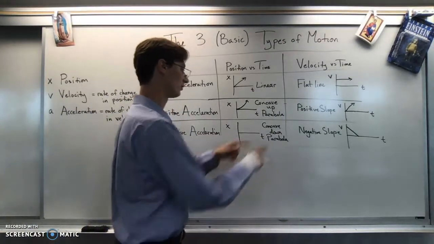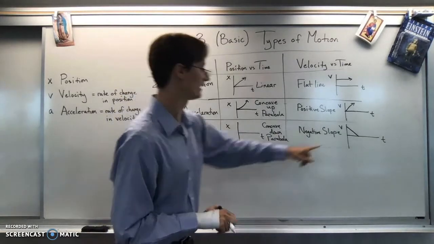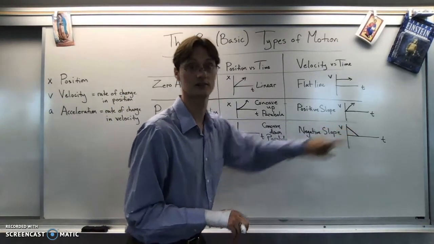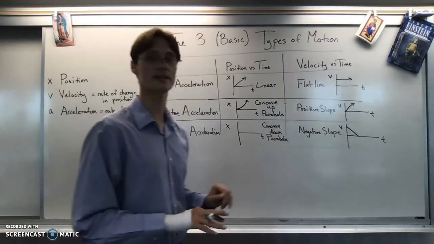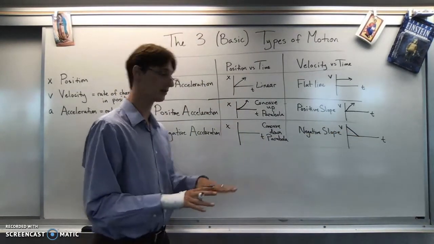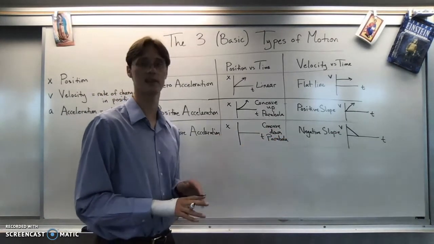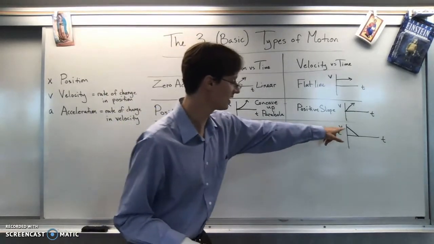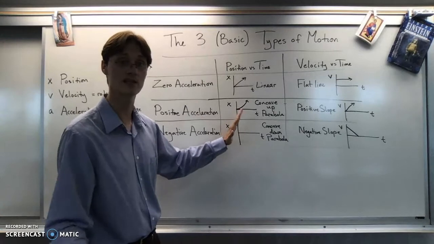What that would look like on your position versus time graph would be, well, initially you're going faster, okay? And as time goes on, you're slowing down. The slope of the position versus time graph is your velocity. So if initially you're going fast, then that would be steep.